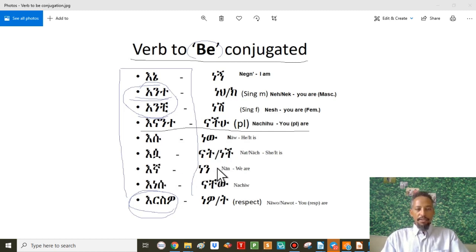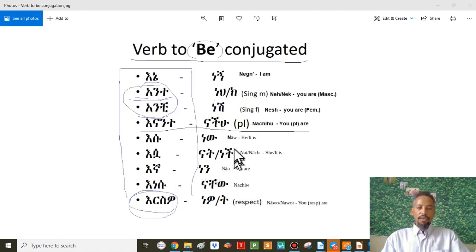Nen is እኛ ነን, we are, and verbs conjugated with እኛ will be መጣን, በላን, ጠጣን, ሄድን. So the n will be a marker, as other verbs are conjugated the same way as the verb be.